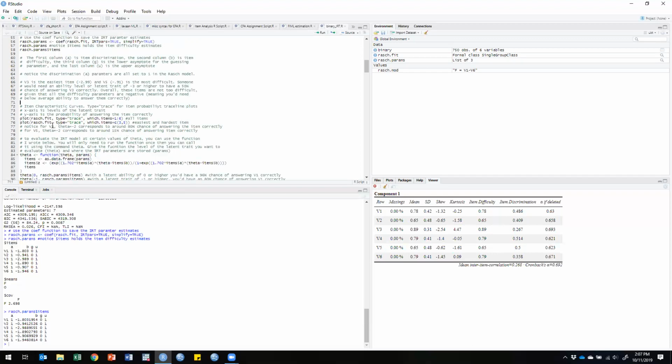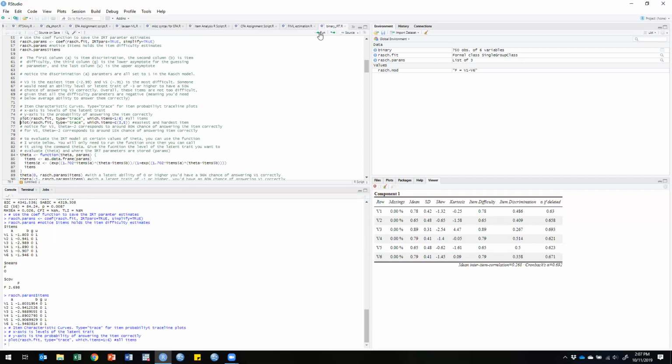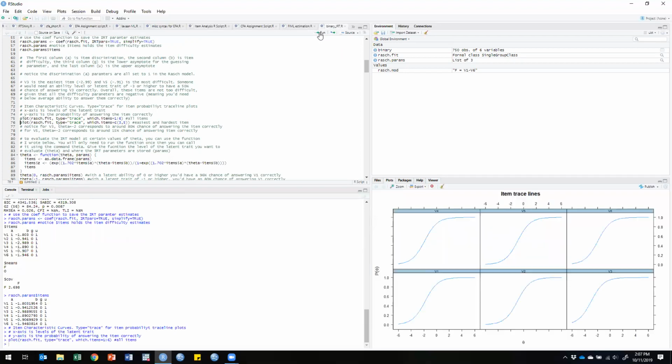Sometimes it's easier to view these as a plot, to view a plot of what's going on. So we can get the item characteristic curves in here. We can use the plot function. You put the model you fit, type equals trace, which gives the item characteristic curves.